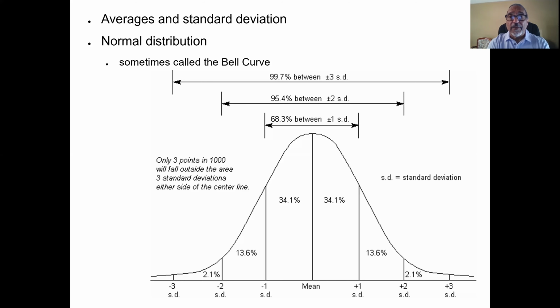And one of the characteristics of the normal distribution is that there is a standard percentage of individuals that could be accounted for underneath the curve at plus or minus 1 standard deviation, plus or minus 2, and plus or minus 3 standard deviations.